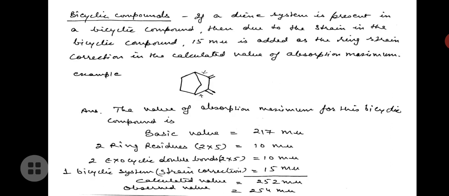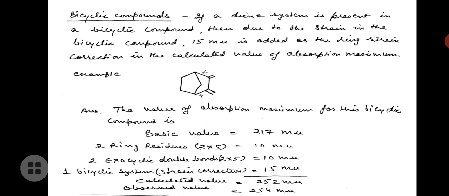Now next is bicyclic compounds. If a diene system is present in a bicyclic compound, then due to the strain in the bicyclic compound, 15 millimicron is added as the ring strain correction in the calculated value of absorption maximum. So here is an example of a bicyclic compound. The basic value is 217 millimicron. Two ring residues are shown with arrows, which you can see clearly.